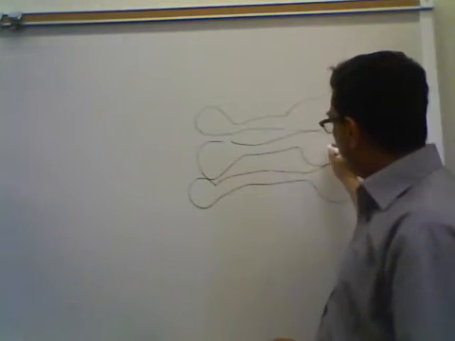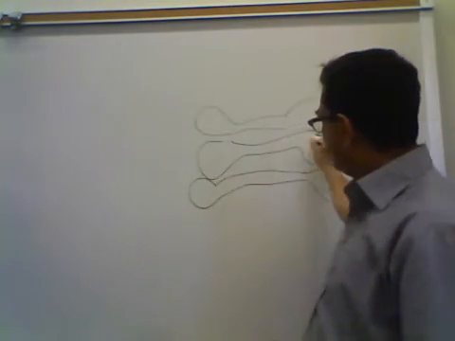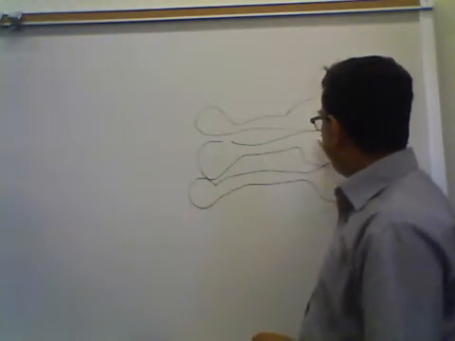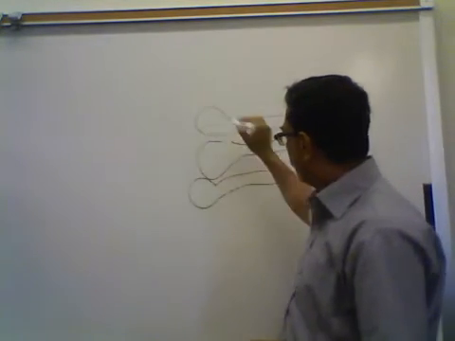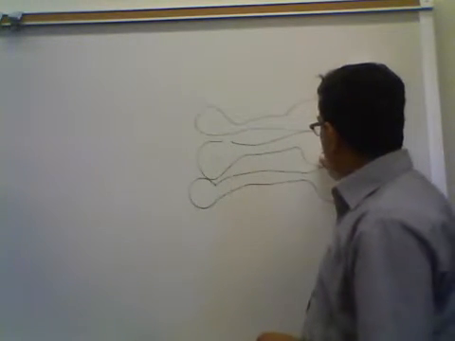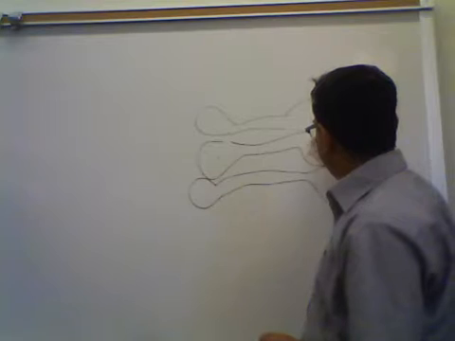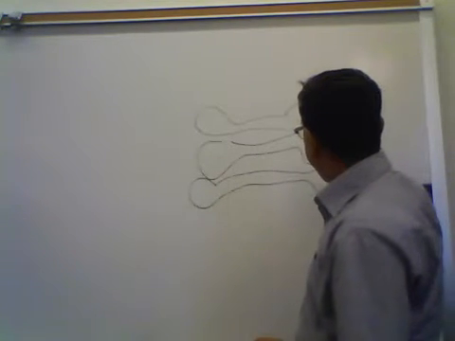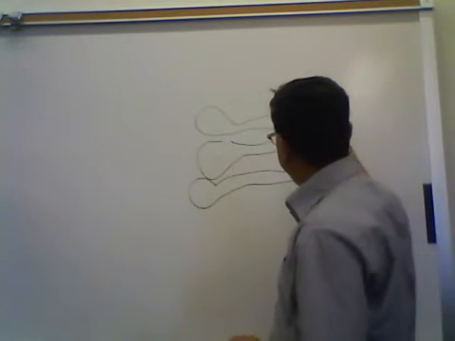Both ends of those flattened sacs are kind of round, and the protein molecules accumulate at both ends.